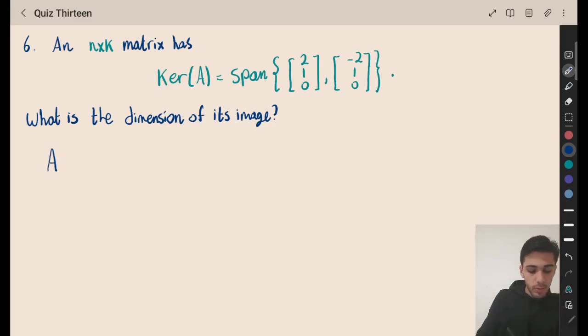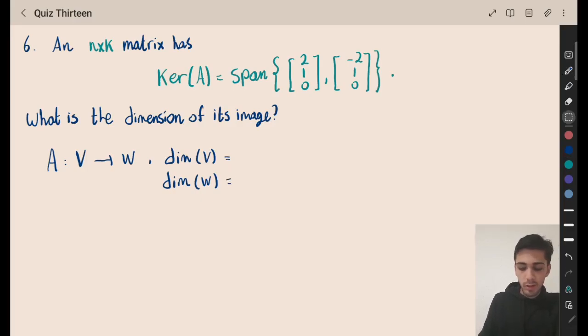The matrix is a linear map from a vector space V to a vector space W. What is relevant here is the dimension of vector space V and the dimension of vector space W.